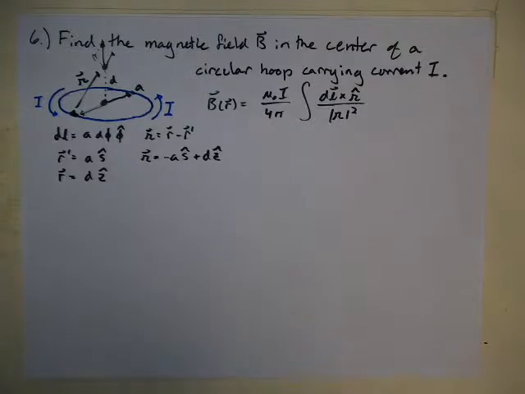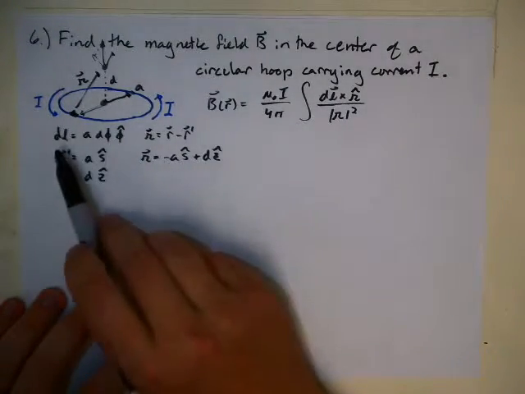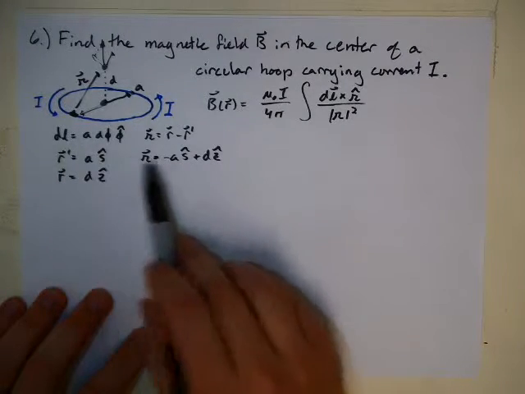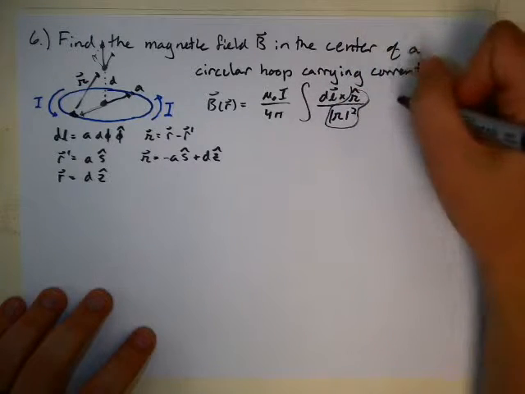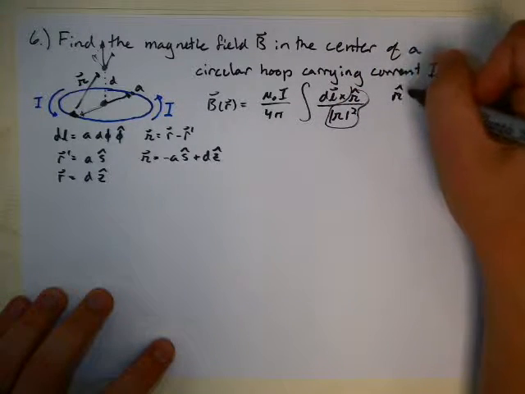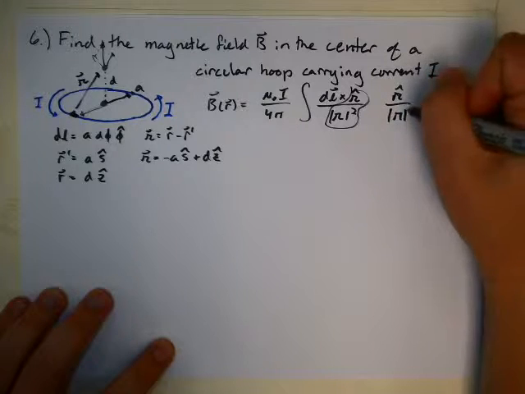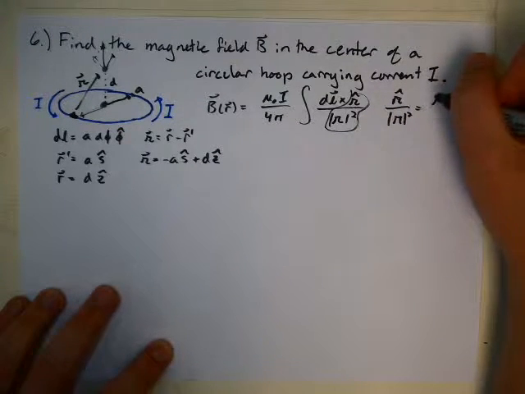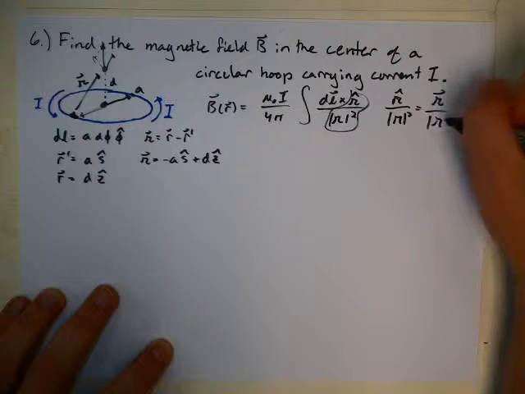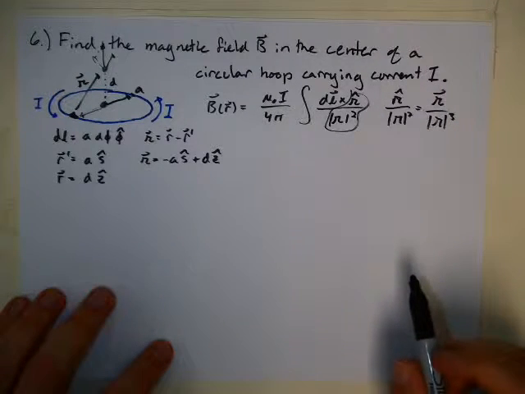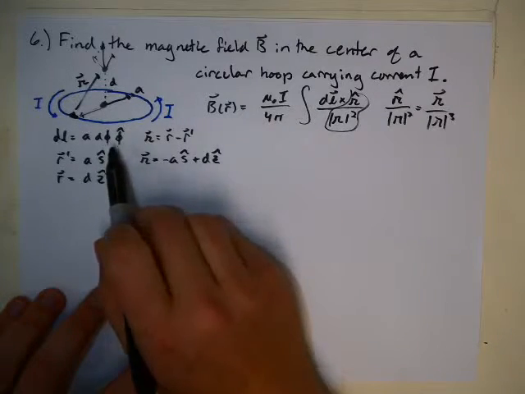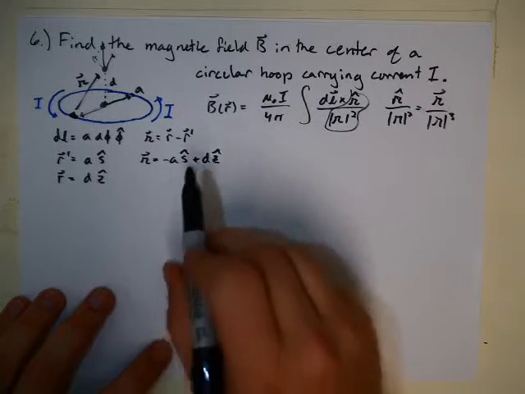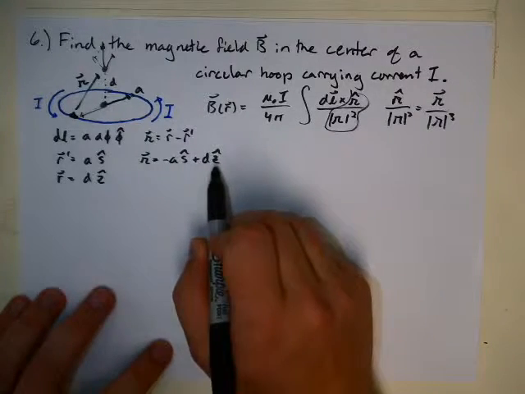And so I'm not even going to bother calculating the other parts. Specifically, if you look at my dl cross script r vector, which is what I'm going to need up here, because script r hat over script r squared can be written as script r over script r cubed, the phi hat cross z hat will not be in the z hat direction.